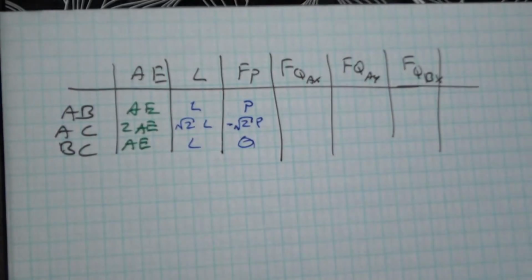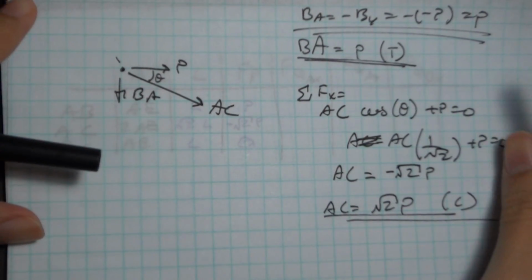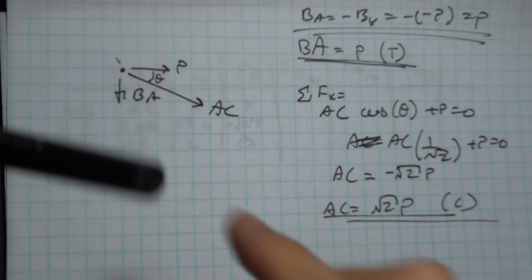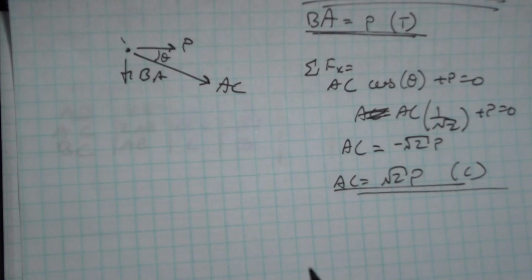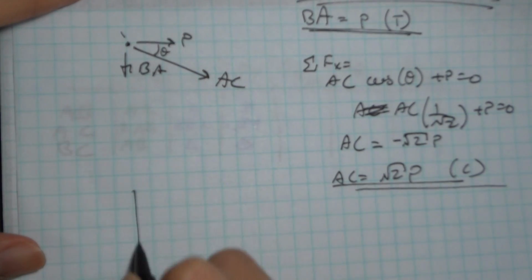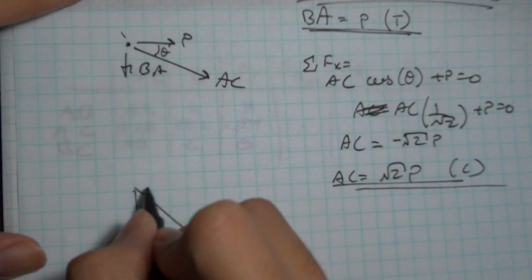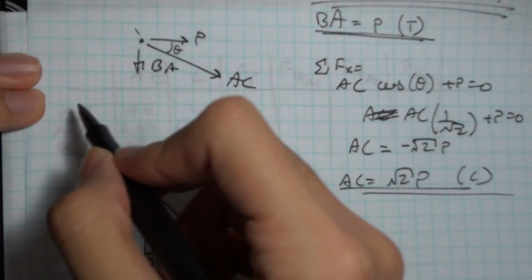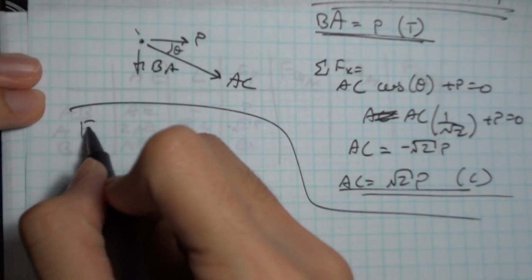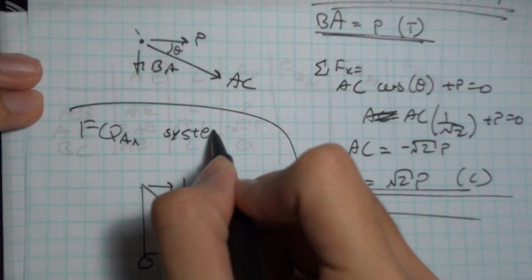Okay, now let's look at FQAX. To find FQAX, I just want to apply a virtual force in the x direction, but let's see if you guys notice this. I'm applying a unit force in the x direction at A. This is my FQAX system.